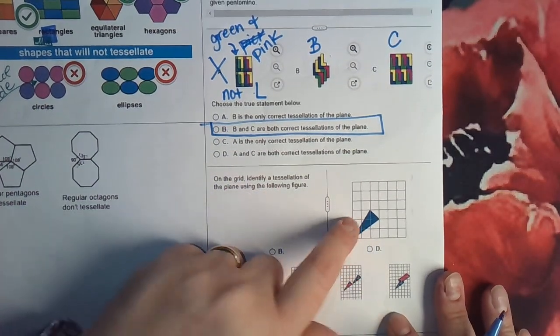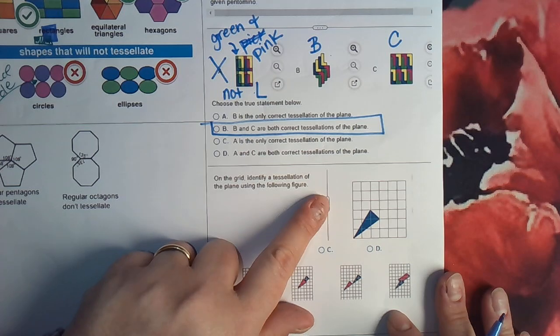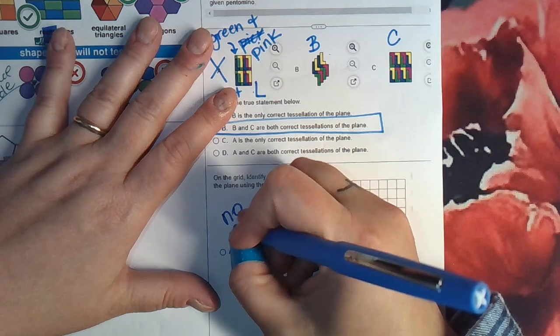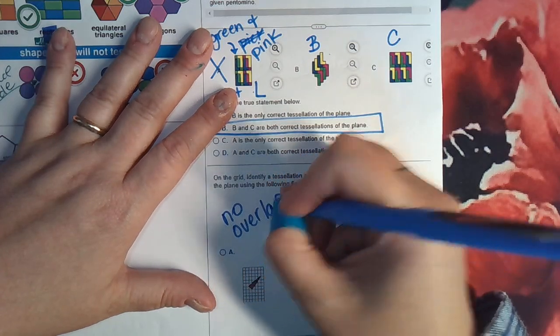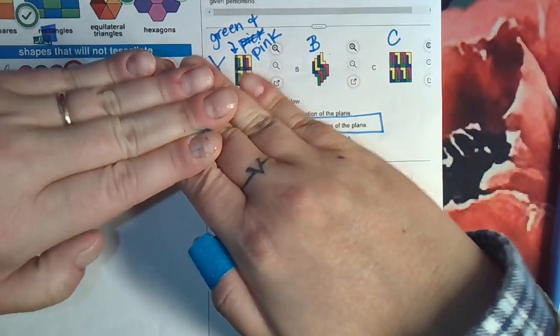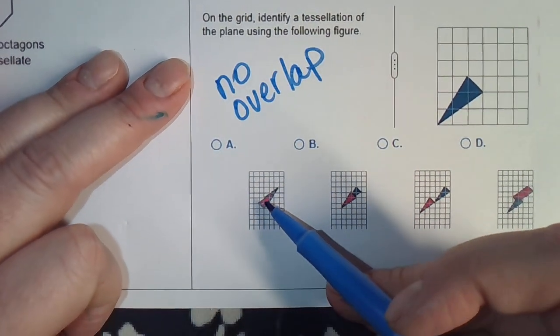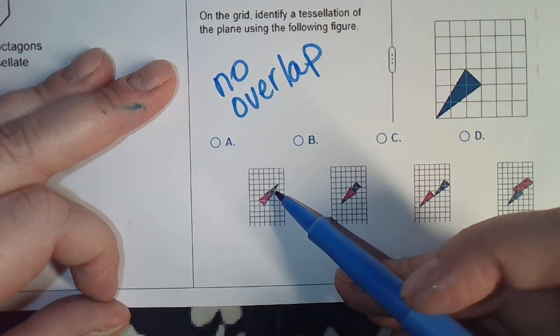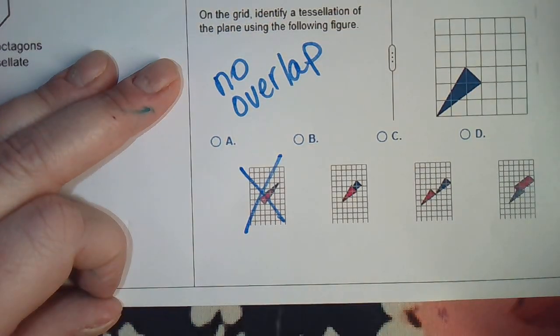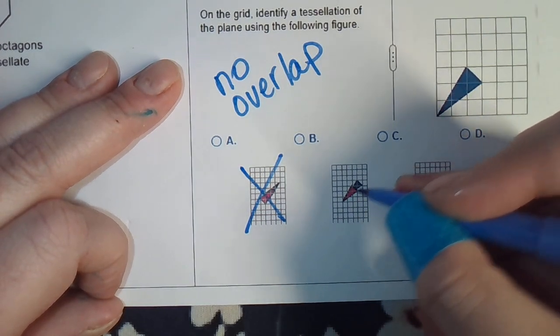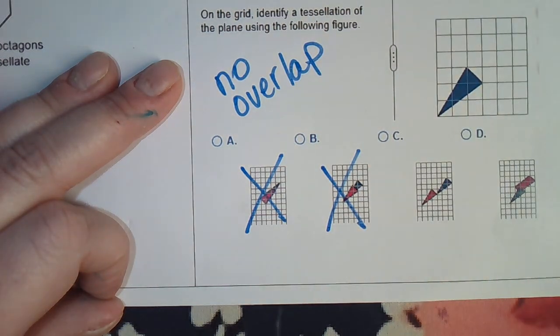Okay, let's see. This next one, this triangle, it says identify a tessellation on the plane. Well, let's use that same theory of no overlap. We don't want our tiles all on top of each other when we walk through our bathroom. We're going to fall over and stub our toe. So which of these do not overlap? This first picture, it looks like that pink is on top of the blue triangle, so that's not cool. This B, I can't even see all of the blue triangle, so it's overlapping.